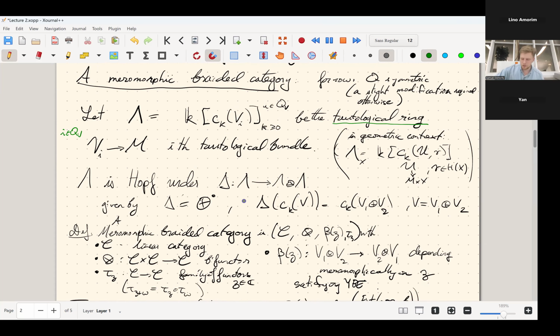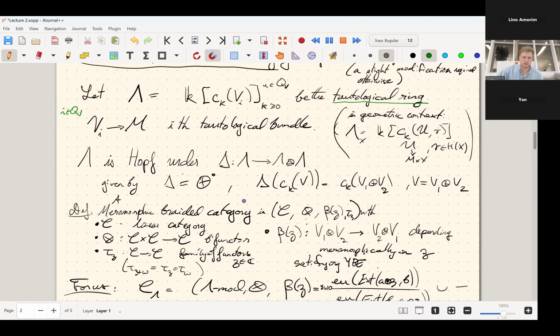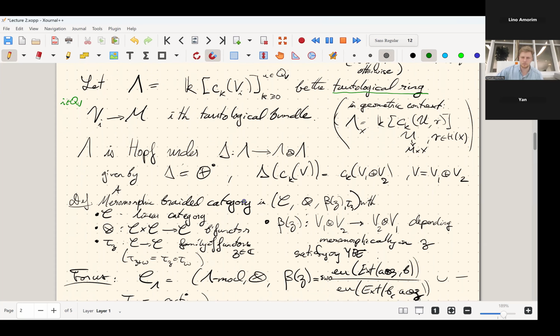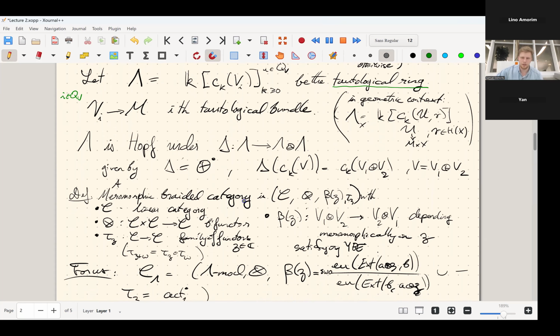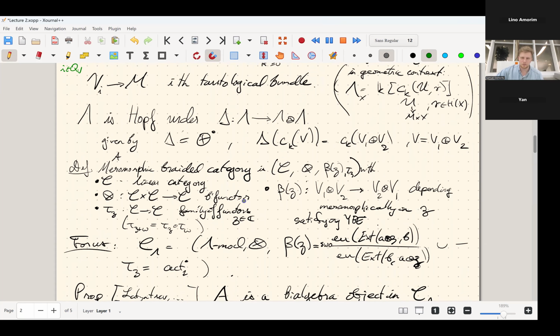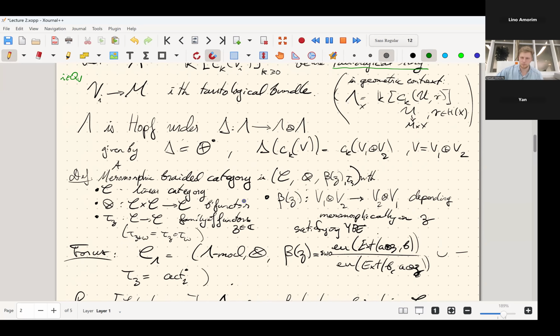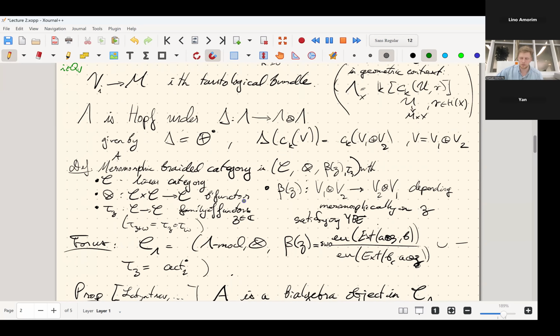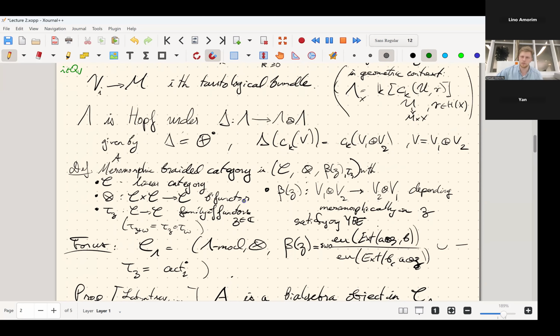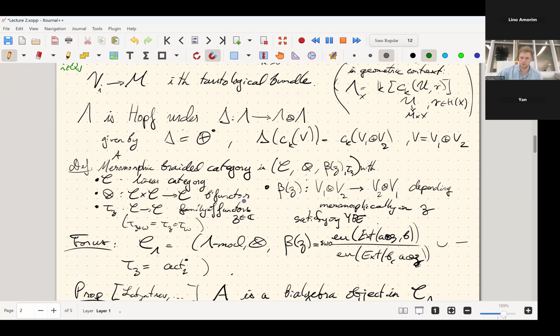And in the geometric context, the tautological ring is going to have a different definition, which is defined by, again, Chern roots of some universal bundle on the moduli stack, maybe integrated over the space that we have a moduli stack of objects on.